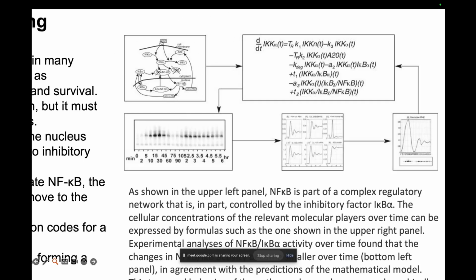TNF on top, if you see, is a cytokine, which is tumor necrosis factor. It comes and activates NF-kappa B and degrades I-kappa B. So different levels of regulation are present. The more complex your model becomes, the more regulatory elements you are able to add to that model.